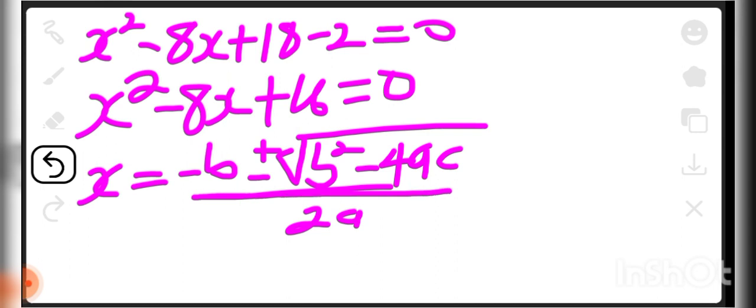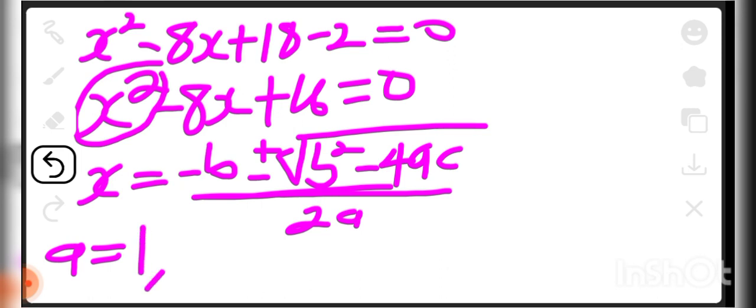So what you have to do in this formula method is just to input a, b, c here. Which one is a, which one is b? Look at a. A means the coefficient of this s squared, which is 1, because there's no coefficient there. If there's no coefficient, it means it's 1. Then b means the coefficient of the second term, the one that doesn't have a square but still has the unknown, which is minus 8.